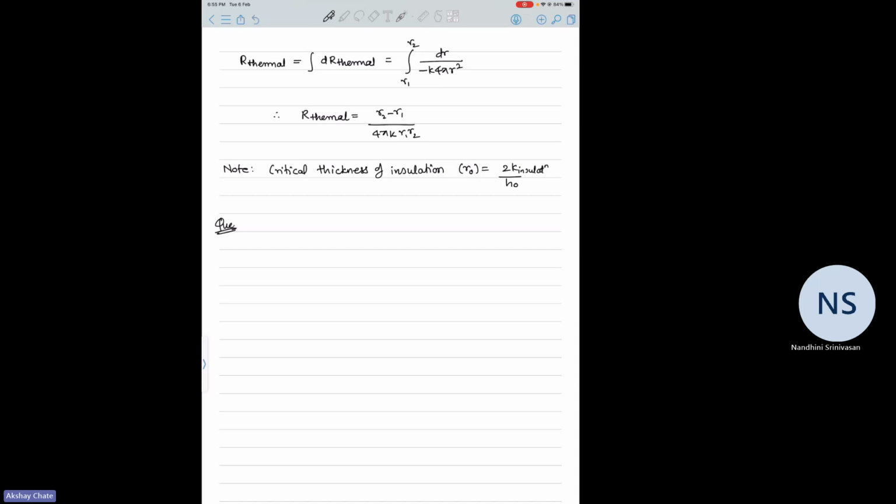And what is the question? The question is, what will be the geometric radius of heat transfer for a hollow sphere of inner and outer radii R1 and R2?